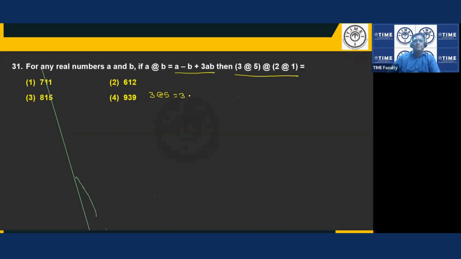That is 3 minus 5 plus 3 into 3 into 5. 3 into 3 into 5 is 45, minus 2, 43. Next, 2 at the rate 1 is 2 minus 1 plus 3 into 2 into 1. 2 minus 1 is 1, plus 6, 7.